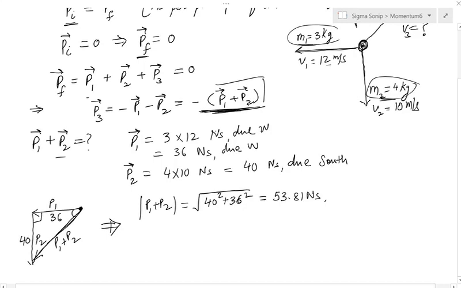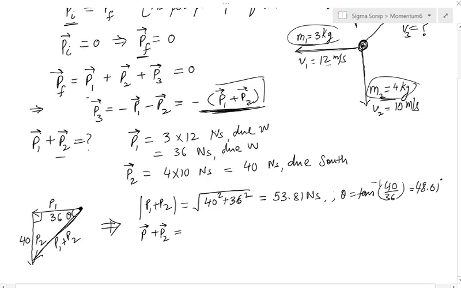And we will need direction as well. I'll call that angle theta. Theta, using the elementary trigonometric ratio, tan is equal to opposite over adjacent, which gives you 40 over 36, and that angle is 48.01 degrees.